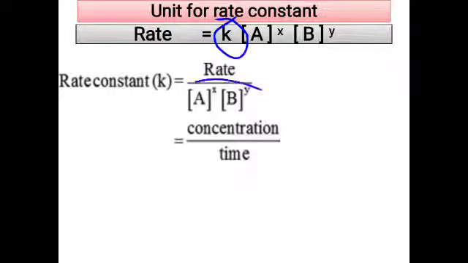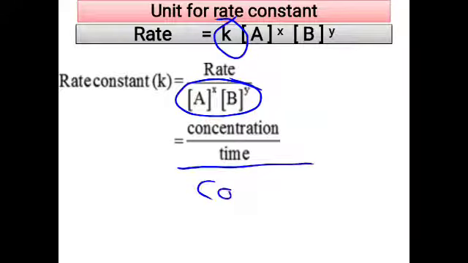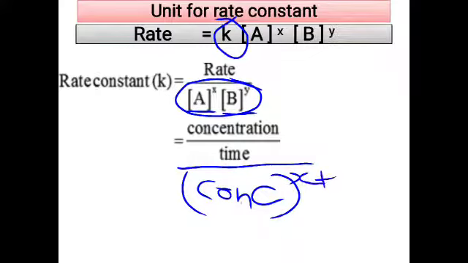Now on this side you have the whole thing divided by the concentration of the reactants. You can see here, I will write this as common because both are expressed in concentration. Since it is for the overall reaction, I could just write this as x plus y.